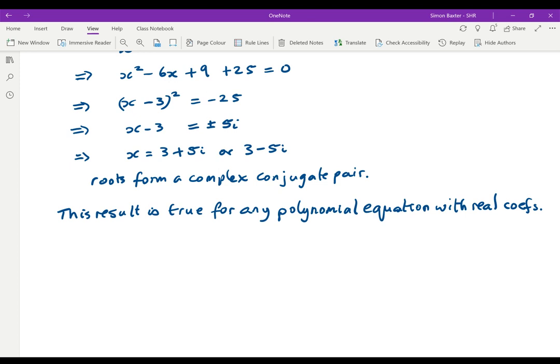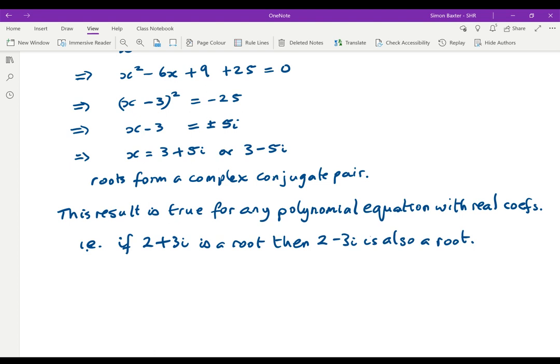In other words, if we have a polynomial equation with real coefficients, then if 2 plus 3i is a root, then its conjugate 2 minus 3i is also a root. We can just write that straight down. As long as all the coefficients are real, then this must be true.